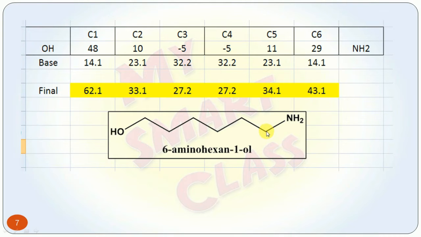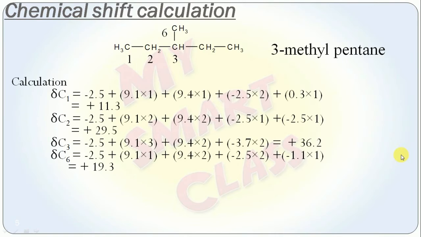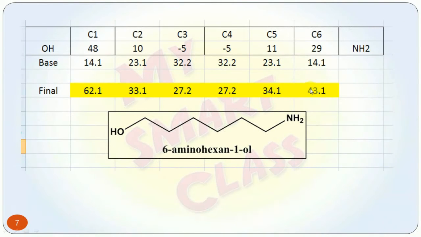For C6, this NH2 is alpha amino terminal, and the value is 29. For amino terminal 29, for beta 11, and gamma -5. See here: 29, 11, -5. Simply by summation of these, we get the final value of chemical shift.